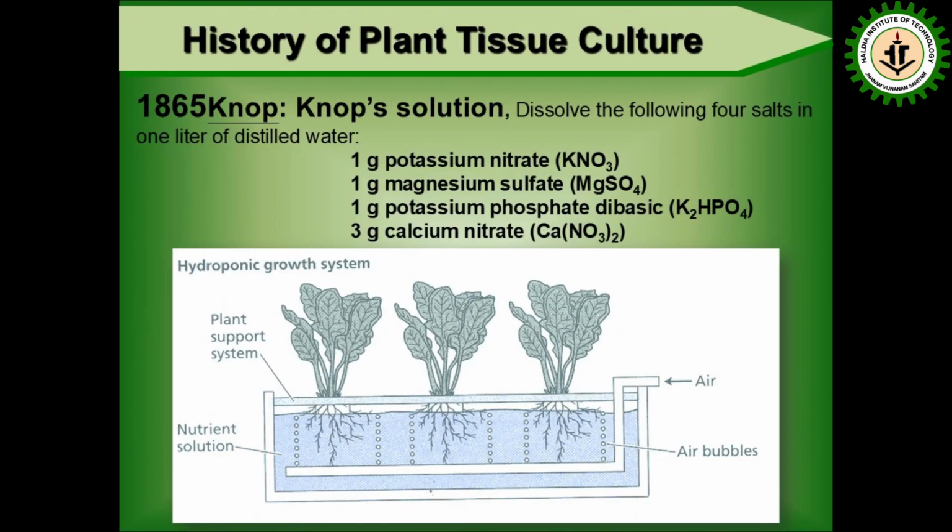Plant tissue culture has a rich and fascinating history with contributions from several pioneer scientists. The development of plant tissue culture was driven by advances in understanding plant physiology, cell biology, and discovery of plant growth regulators. Knop solution is a nutrient solution originally developed by the scientist Knop in 1865 for studying plant nutrition.